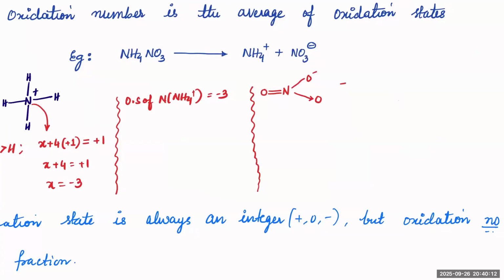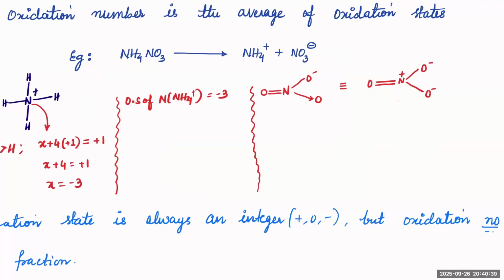But dative bonds can always be represented as a simple covalent bond. If you recall, we can write that by simply assigning the formal charges. Can you recall these points, what I said? Just assigning the formal charges, the arrow can be changed into plus and minus, like this. Got it?